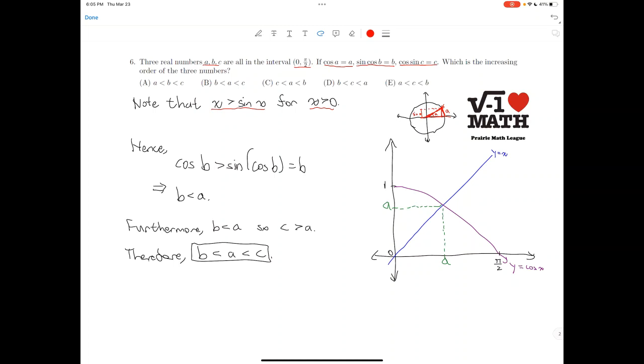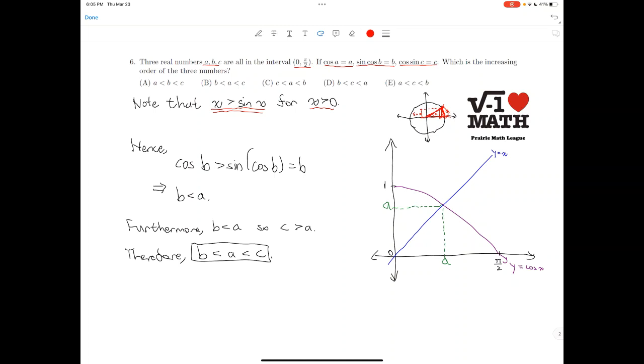Now we can see that the arc length is always greater than the height, because the height is the shortest distance from the point to the x-axis, and the arc length is not the shortest distance to the x-axis. Hence, x is greater than sine of x.